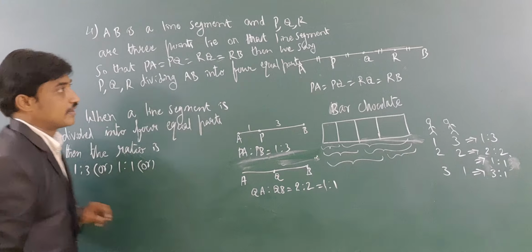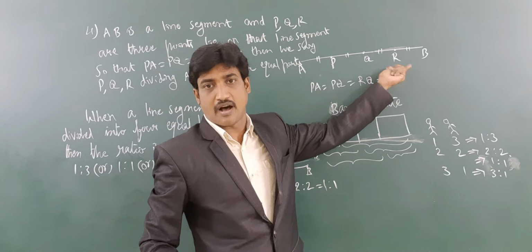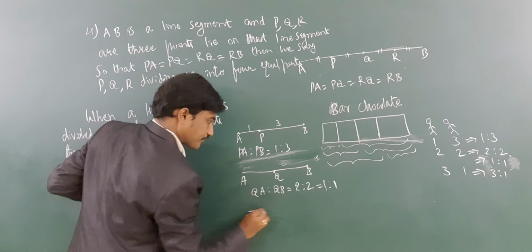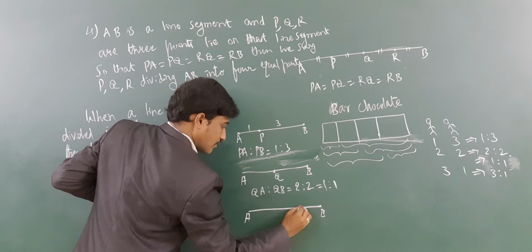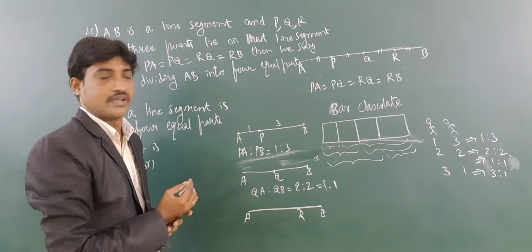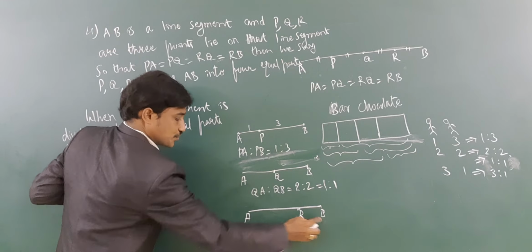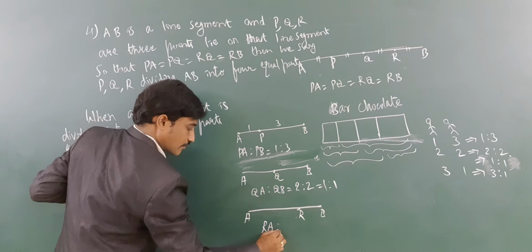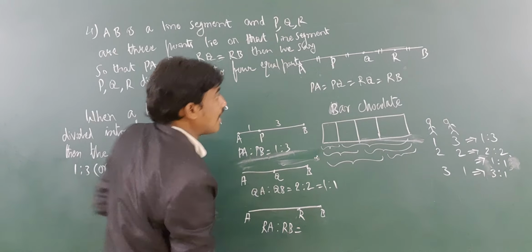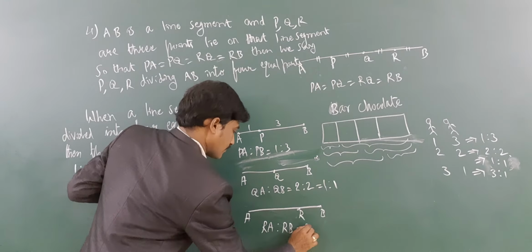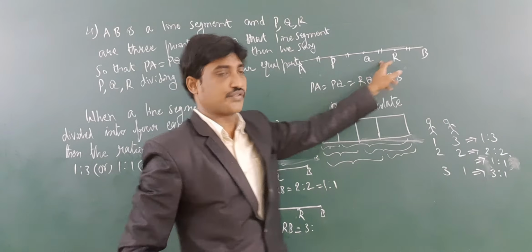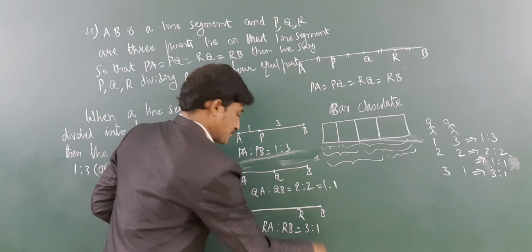Or if we take R on AB, then the ratio RA is to RB: RA is 3 parts to RB is 1 part, 3:1.